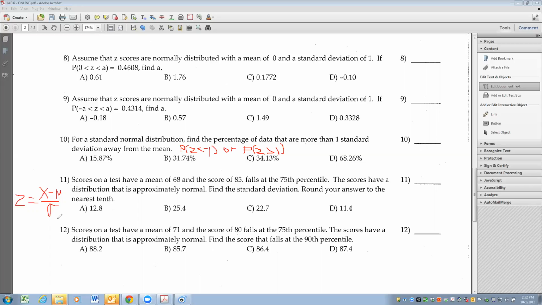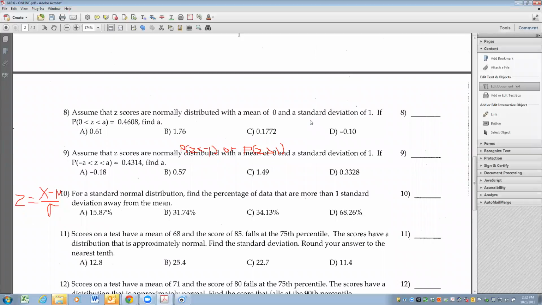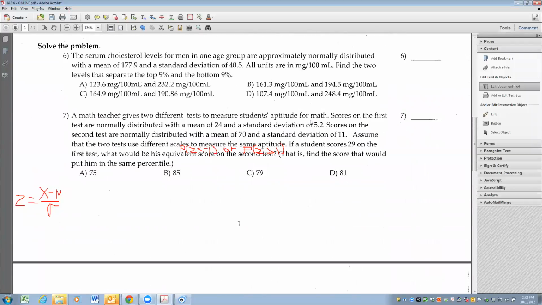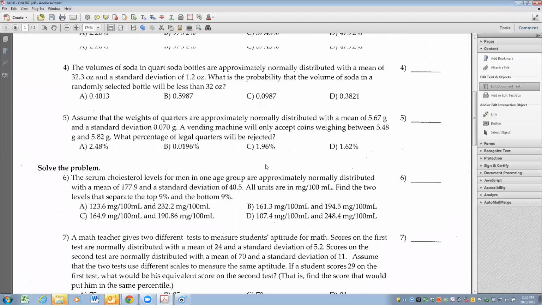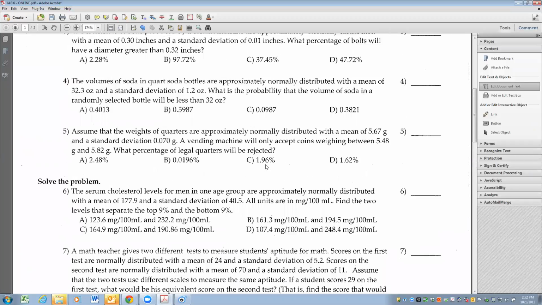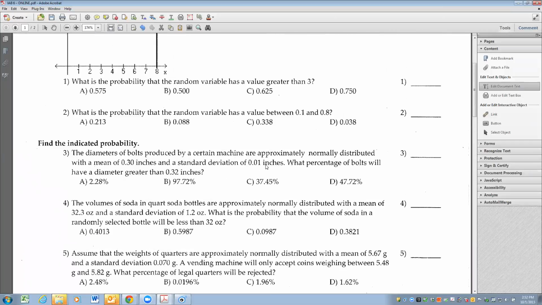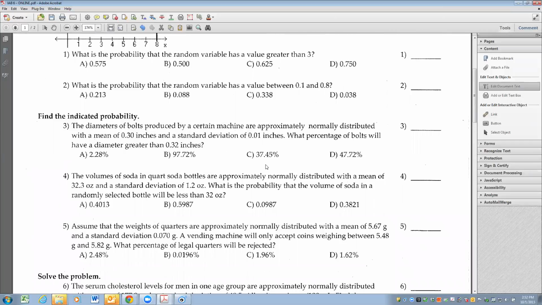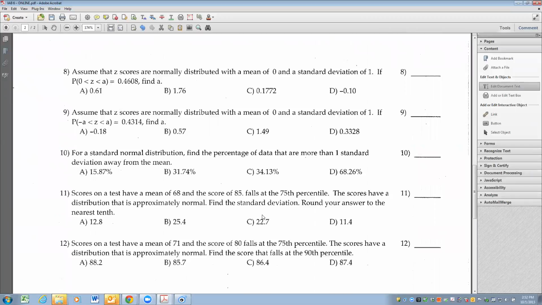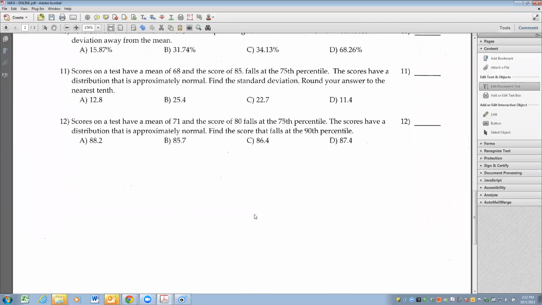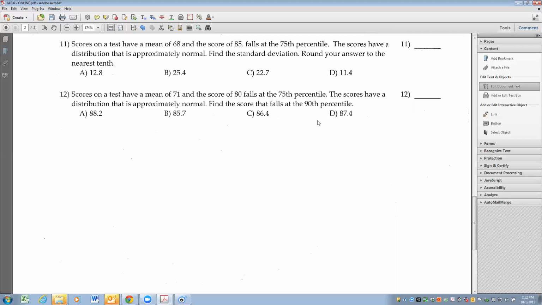That will give me sigma, and I will find the value at the 90th percentile. In the examples that I did in before lab, we did one where we found the 90th percentile of something. So then you'll incorporate that here.